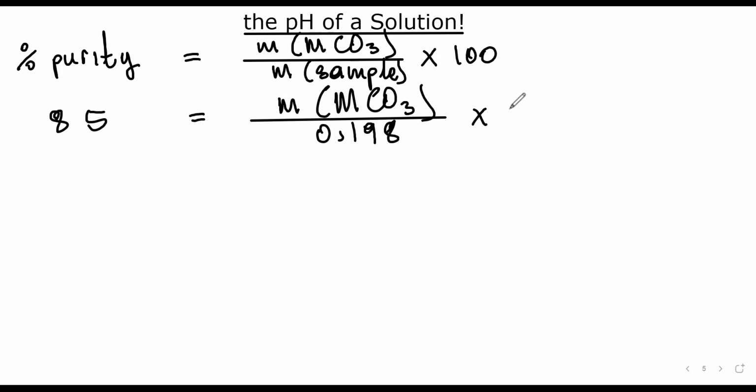And of course, we times this by 100. So what's the easiest way to do the math? Well, the easiest way is to multiply both sides by the reciprocal of 100, or divide both sides by 100 if you like.